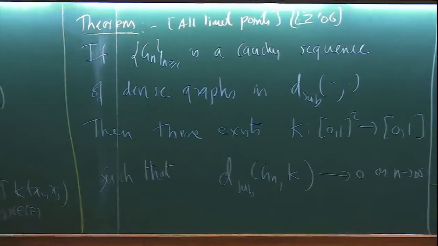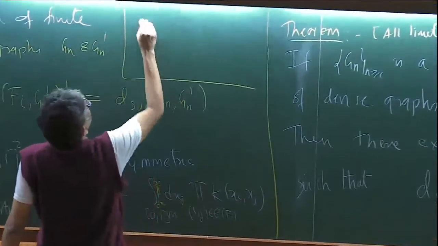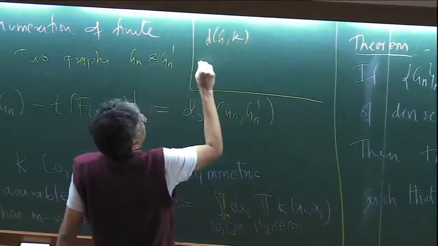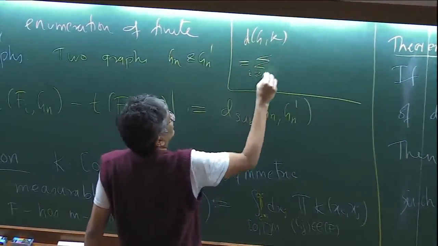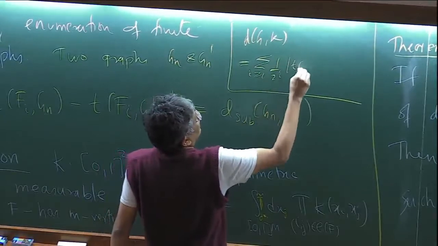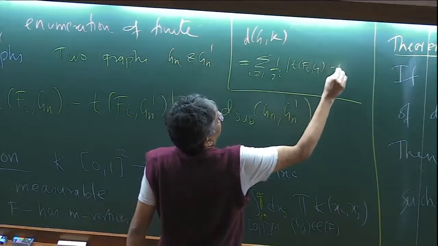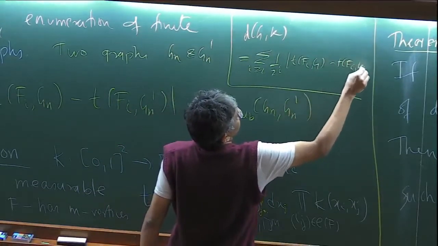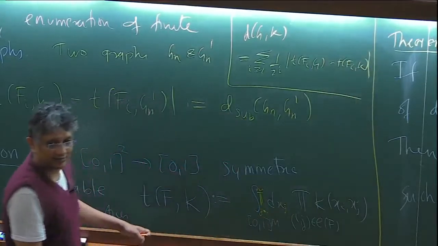So if you want to be precise about it, this is how you do it. You say d(G, kappa) is just the sum over i beginning at 1 of 2^(-i) times |t_i(G) - t_i(kappa)|. That's why I abstractly define t_i(kappa) right here.